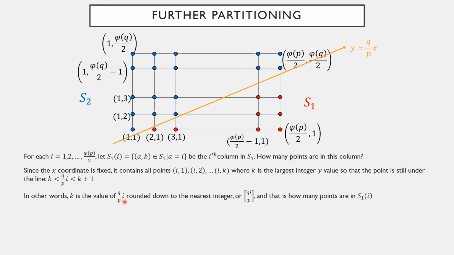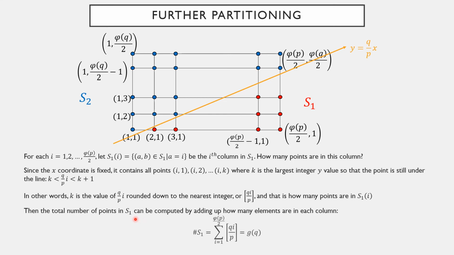So q over p times I, rounded down, is exactly k. So how many points are there in S sub 1 of I? Exactly this quantity rounded down: q over p times I rounded down. The total number of points in S1 can then be counted by adding up all of the columns.